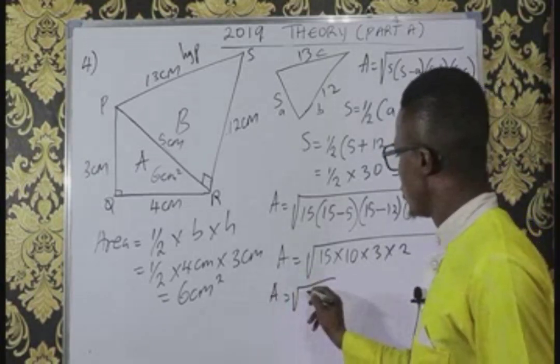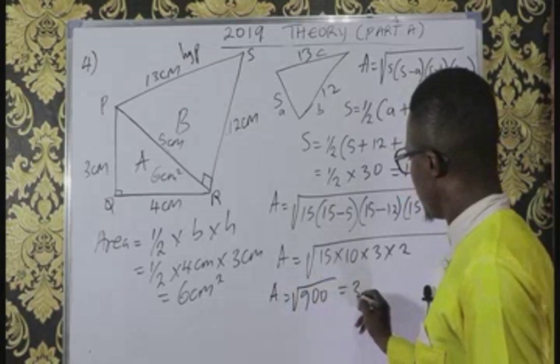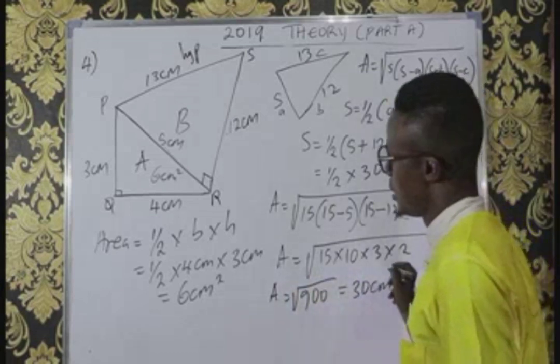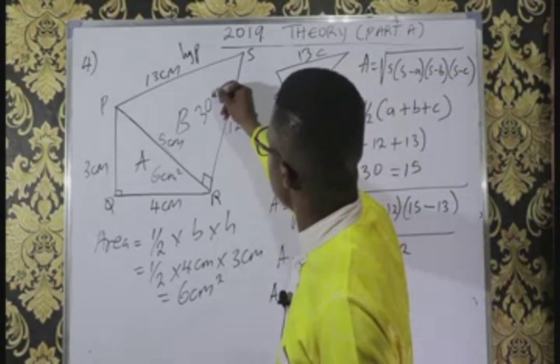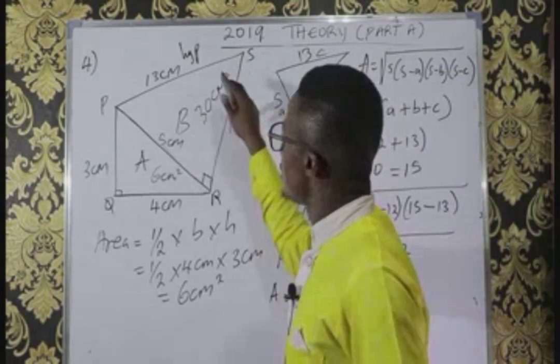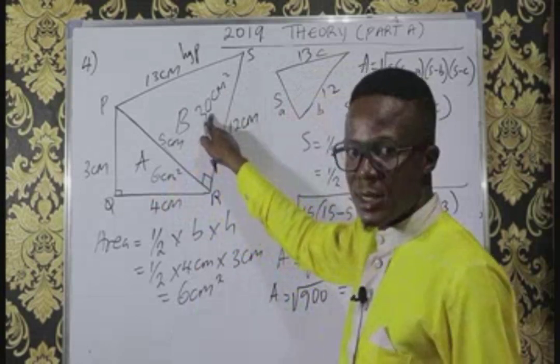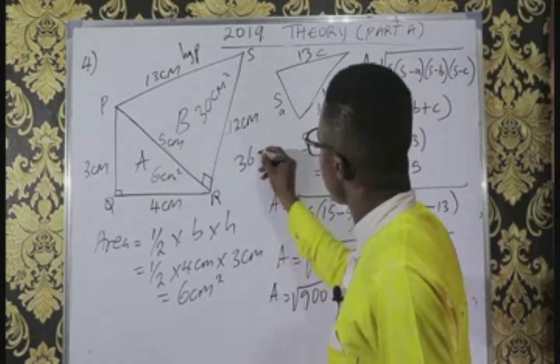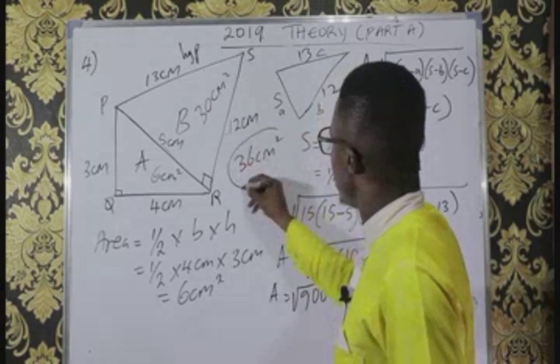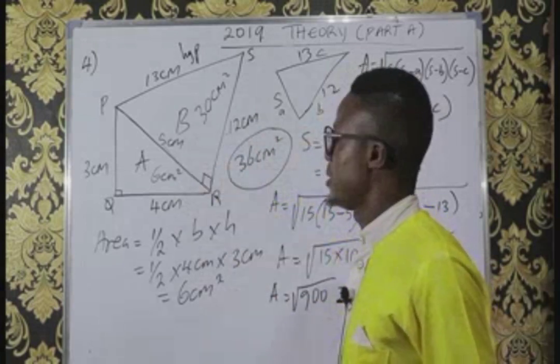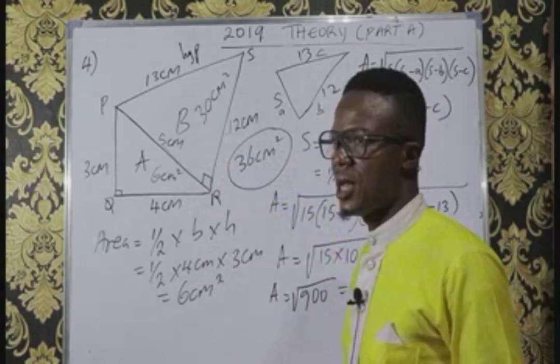So the area is equal to the square root of 900, which is 30 centimeters squared. So the area of this one is 30 centimeters squared. Hence, the total area of this shape will now be 6 centimeters squared plus 30 centimeters squared, and that will give us 36 centimeters squared. Therefore, the area of this quadrilateral is 36 centimeters squared.